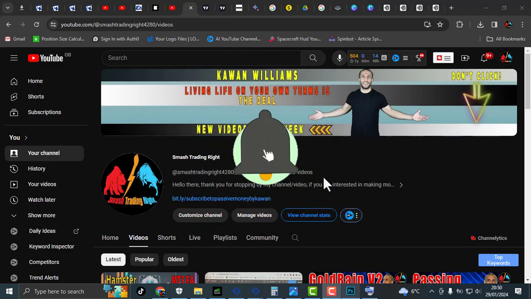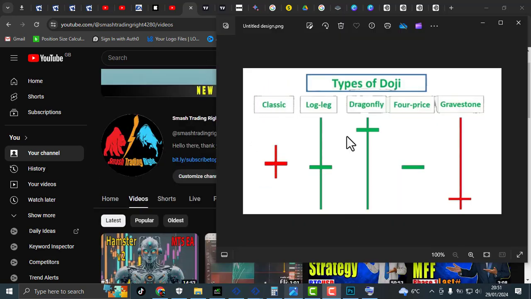So let's see what we need. We've got 5 types of doji candles. One is the classic, which looks like a plus. One is the long-legged, which has wicks from both sides. Then the dragonfly, with a longer wick from the bottom.